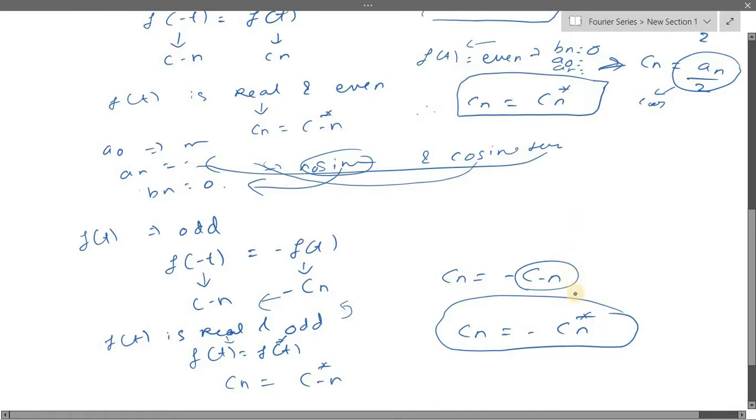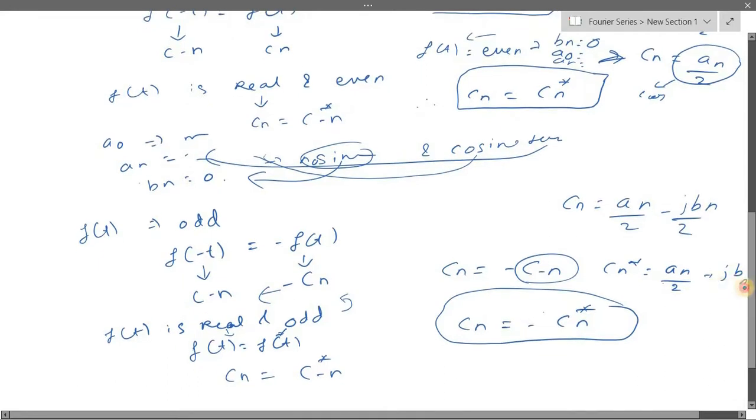Okay, now to make these two coefficients equal, you know that C of n is basically an by 2 minus jbn by 2, right? And the conjugate of C of n is an by 2 plus jbn by 2, and if you take minus here, minus the conjugate of C of n will be minus an by 2 minus j bn by 2, right?